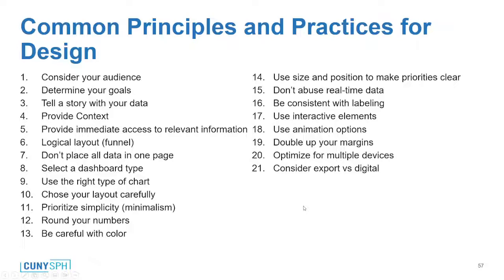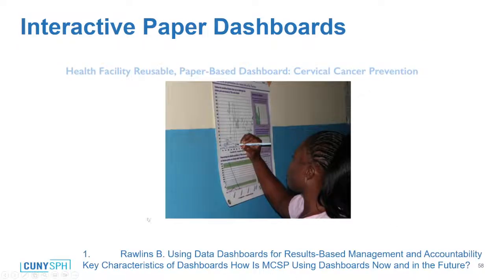The other thing is consider exporting this to a paper base and not necessarily having a digital dashboard. And that's possible. This is a poster that shows us how we can have interactive paper dashboards. And this is an example in a health facility where they have a reusable paper-based dashboard for cervical cancer prevention.